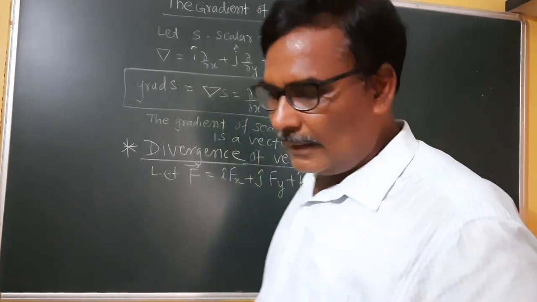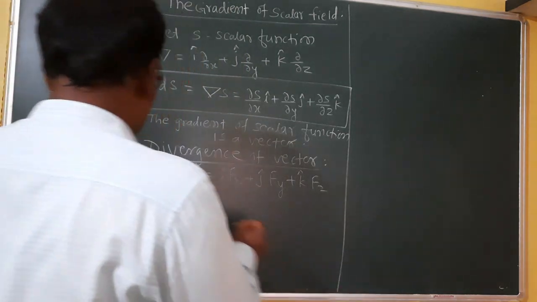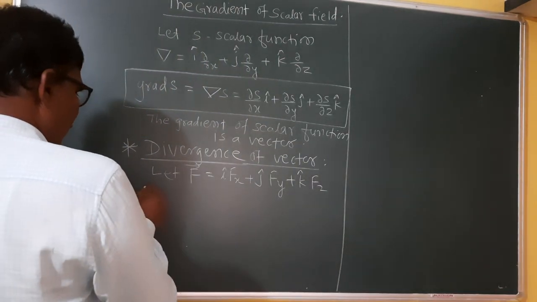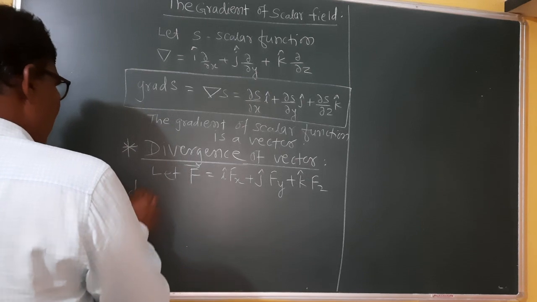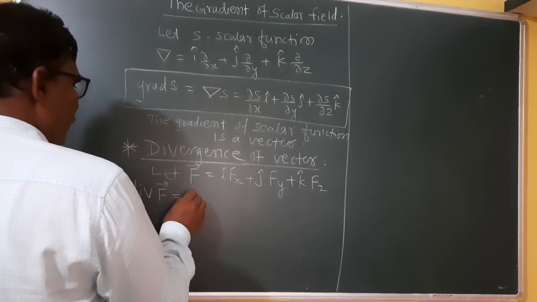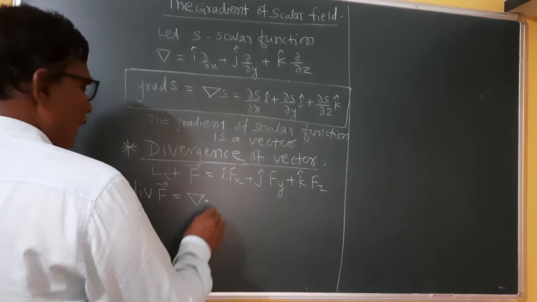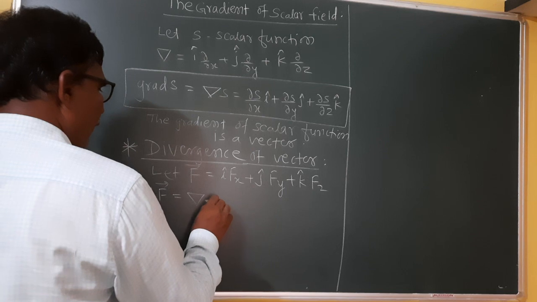The divergence of f bar is written as div f bar, which equals del dot f bar.